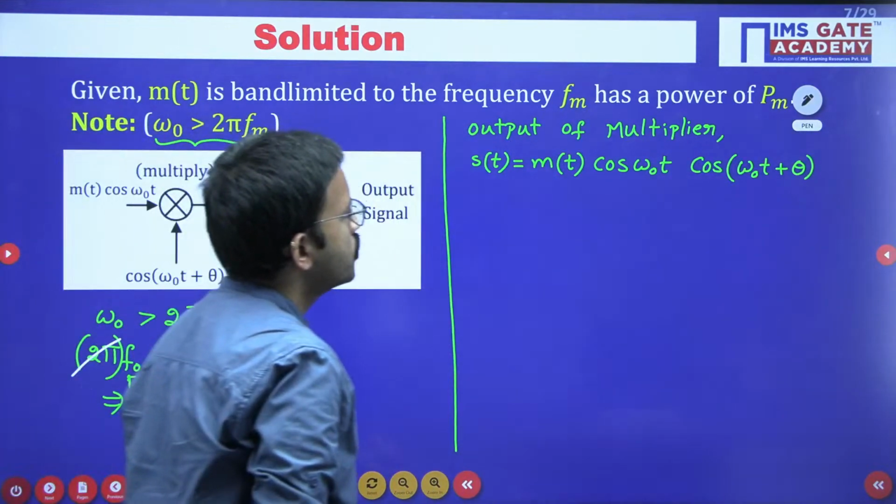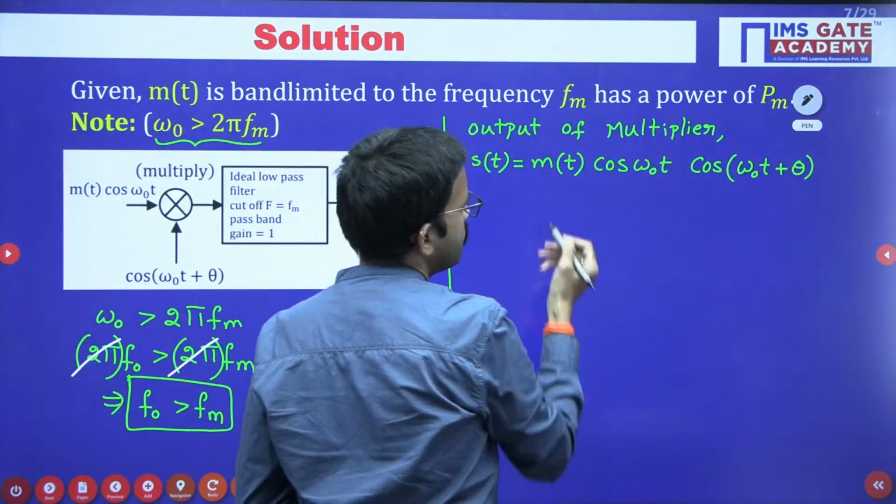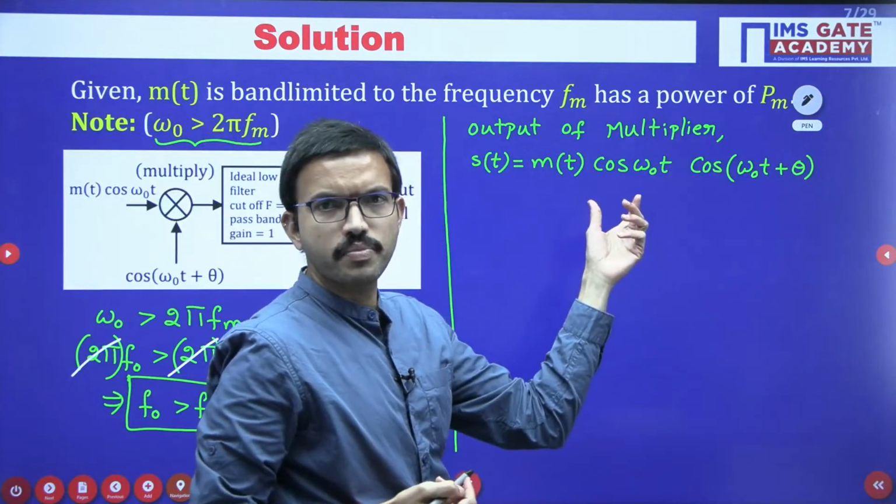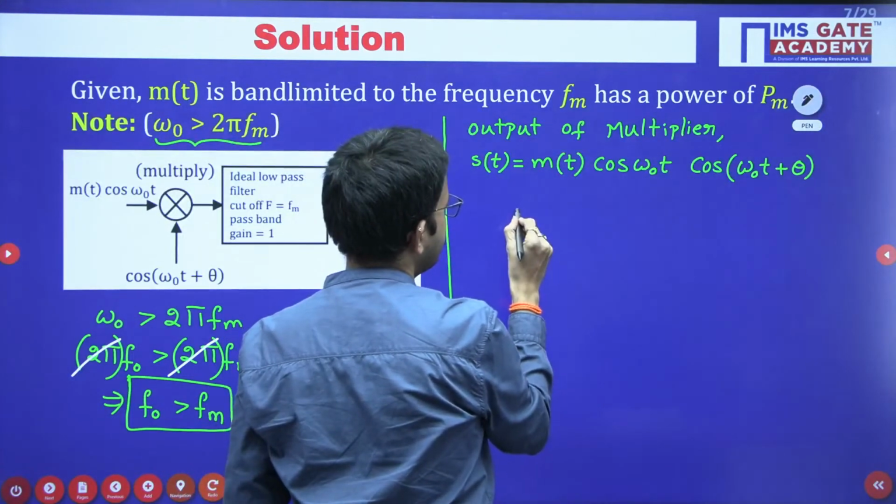So here you are getting cos A cos B format. So multiply and divide with 2.